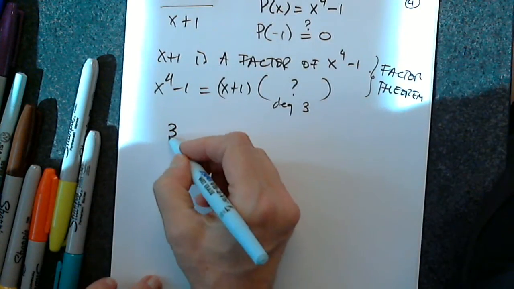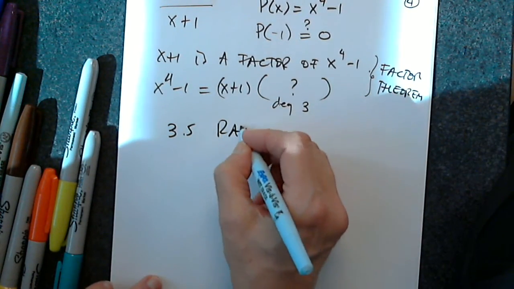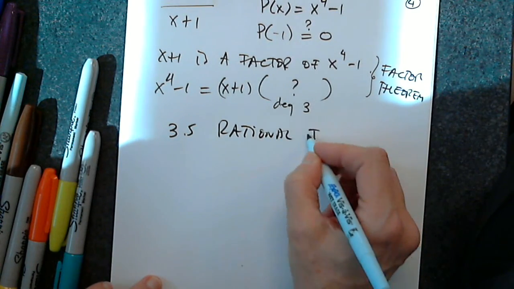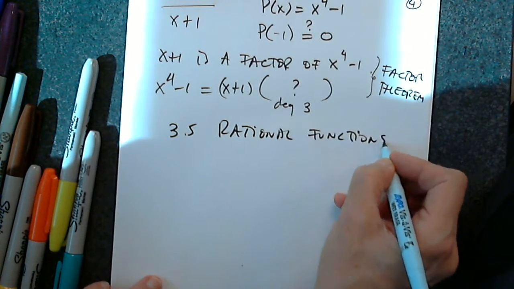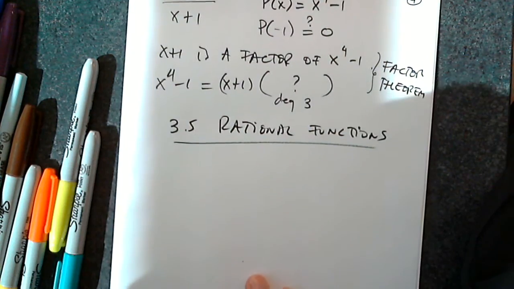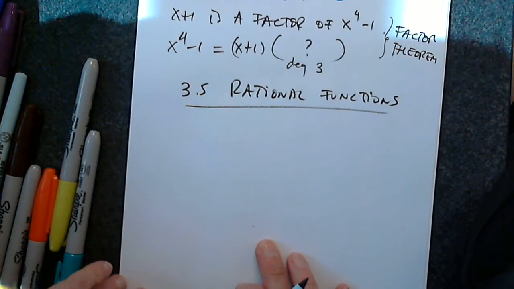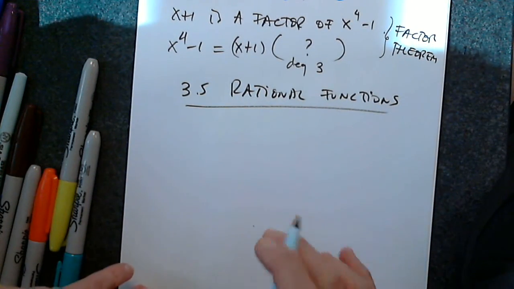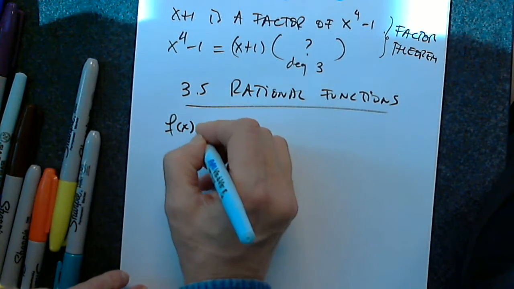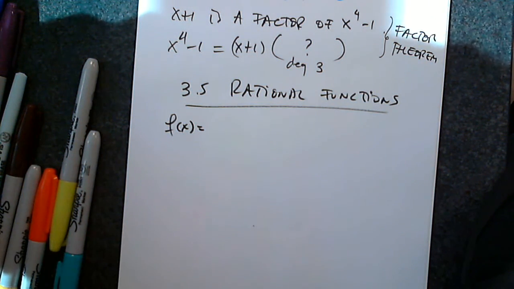So this is 3.5, rational functions. So what is a rational function? Can anyone give us an example of a rational function? Any example?